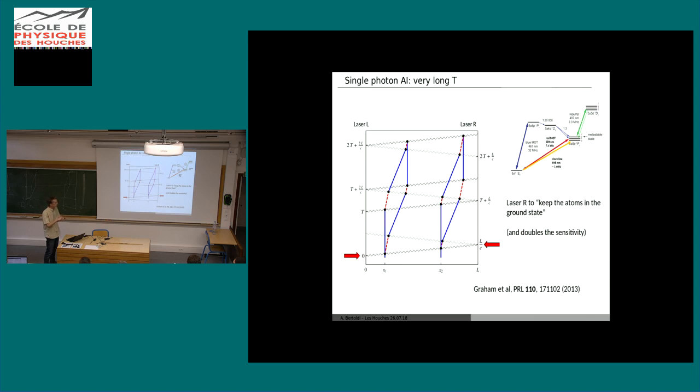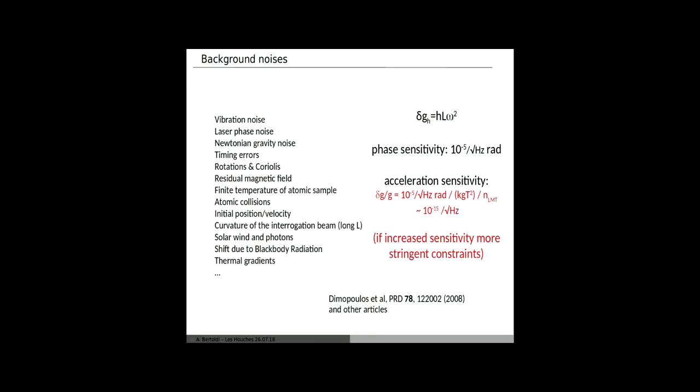Then only when the photons of this pulse reach the satellite on the right side, a second pulse is shined from the right side on the opposite one, in order to selectively interact only with the atoms in the excited state there, because you can discriminate them because they have a different velocity, so you can Doppler select them. And you put them back in the ground state, giving an extra kick, by the way, and so you double the sensitivity. And you avoid, most importantly, the loss of contrast.